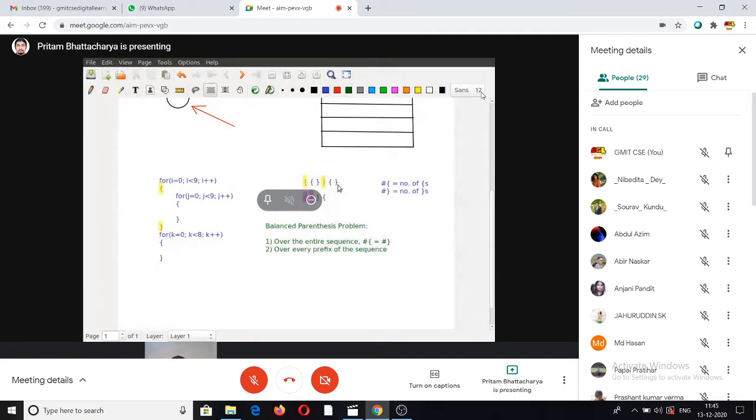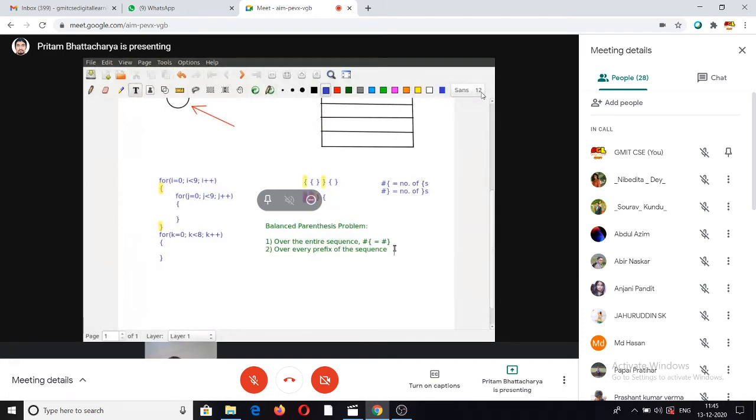A prefix means a leading part of the sequence. If I choose, let's say, only the first three symbols from here, this is a prefix of length 3. Or I can choose all these 4 together, and this is a prefix of length 4. Similarly, here I can choose a prefix of length 3.